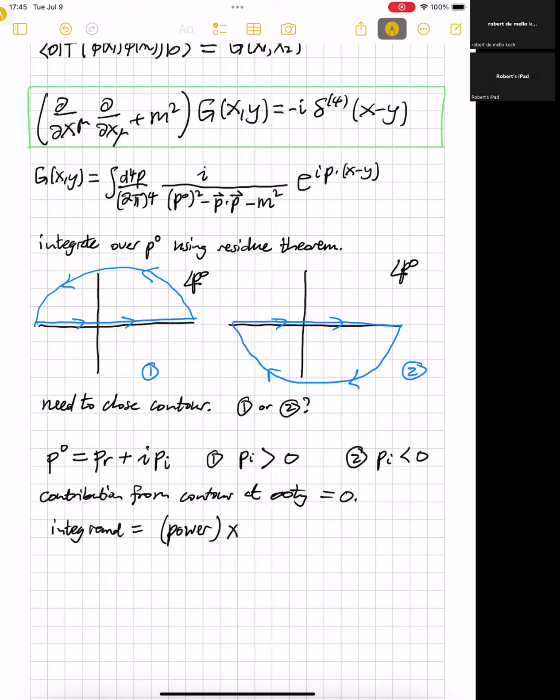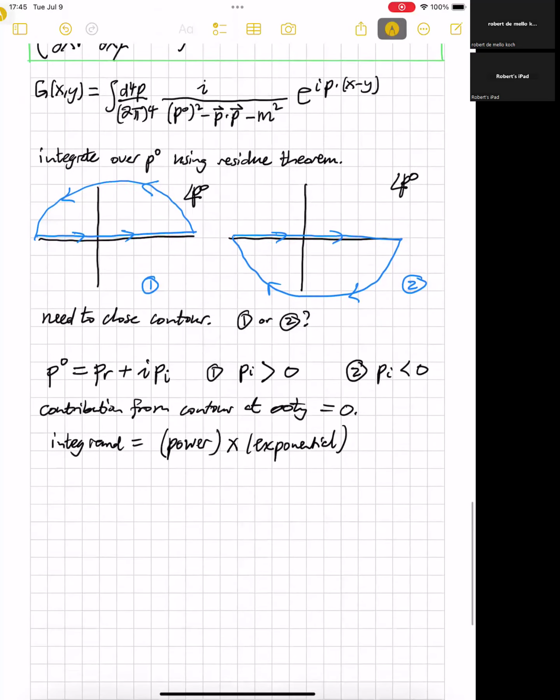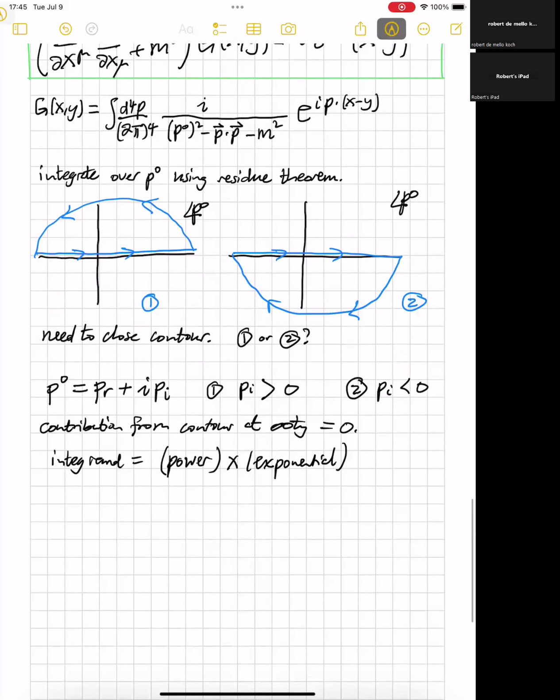But then what are we multiplying? We're multiplying by an exponential. And the exponential might be going to 0, or it might be going to infinity. Well, you know that an exponential always beats a power.